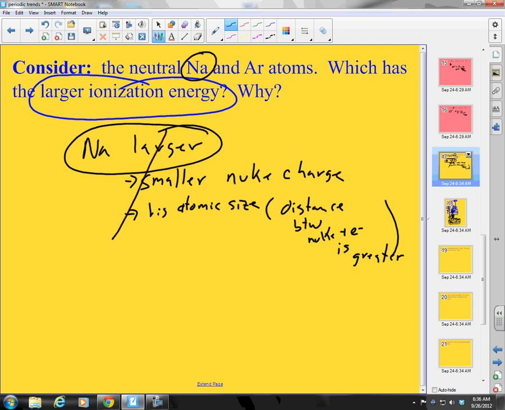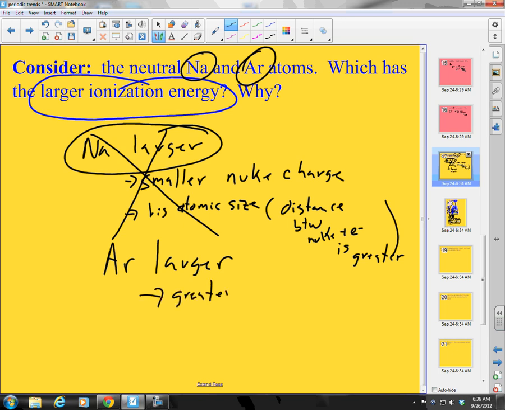No, that's completely wrong. Which one has a larger ionization energy? It's argon that has the larger ionization energy, right? And why is it larger? Well, like we said, as we go from left to right, it has a greater nuclear charge, which means it's going to hold on to that electron stronger, and it has a smaller atomic size.